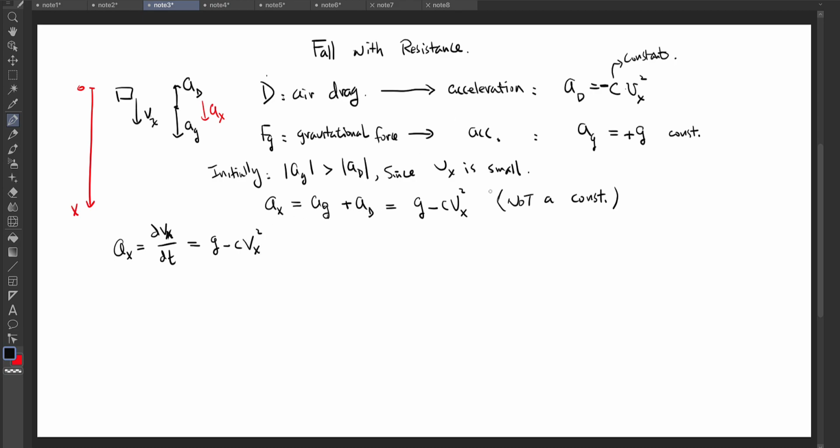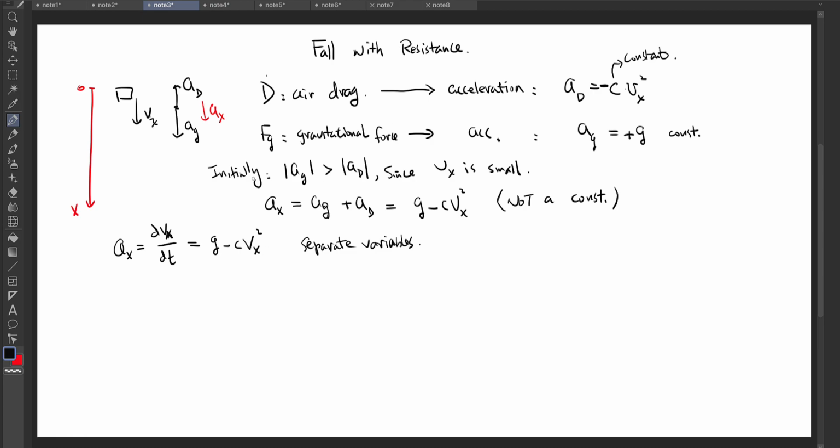Now in order to solve this equation for the velocity Vx, we need to separate the variables. For people familiar with differential equations, you probably know what I'm talking about here. That's the separation of variables. You move all the terms containing Vx to one side, and the other side will contain the other variable t.